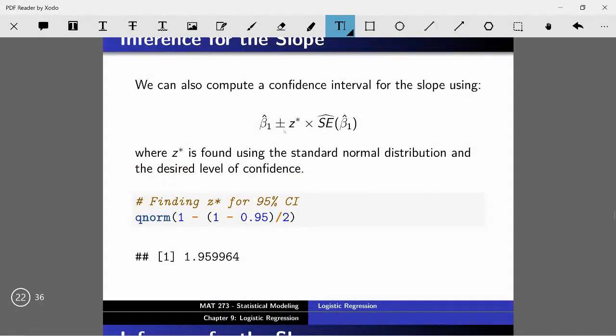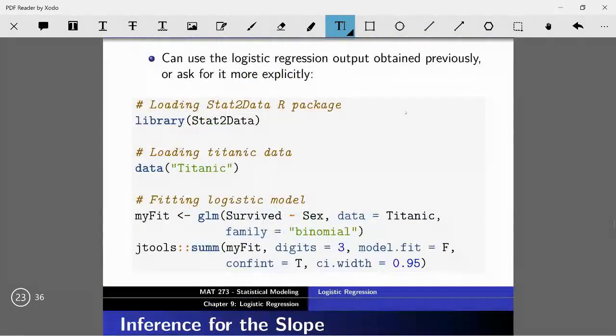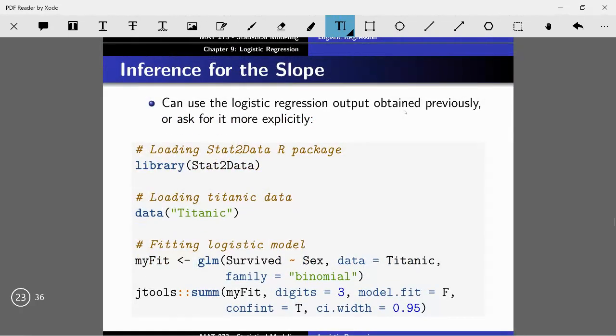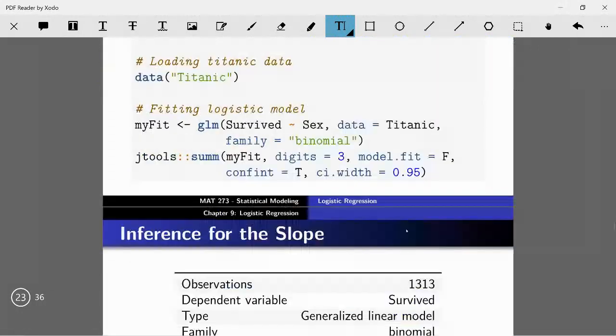We can get a confidence interval for the slope using a similar formula as we've seen previously: point estimate plus or minus our confidence interval multiplier, which is now a z star instead of a t star, times the estimated standard error. Or a convenient way using R is, in the summary function from the jtools package, we can just specify conf.int equals true. We want a confidence interval, and we want the confidence level to be 95%. So we can specify it in this way.